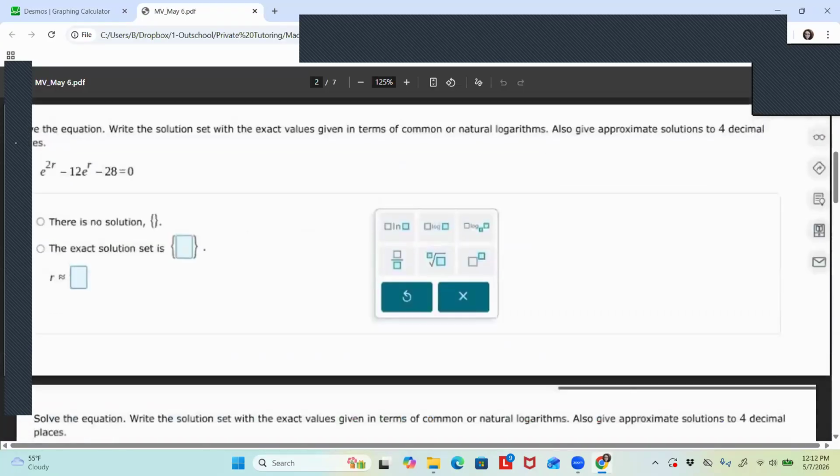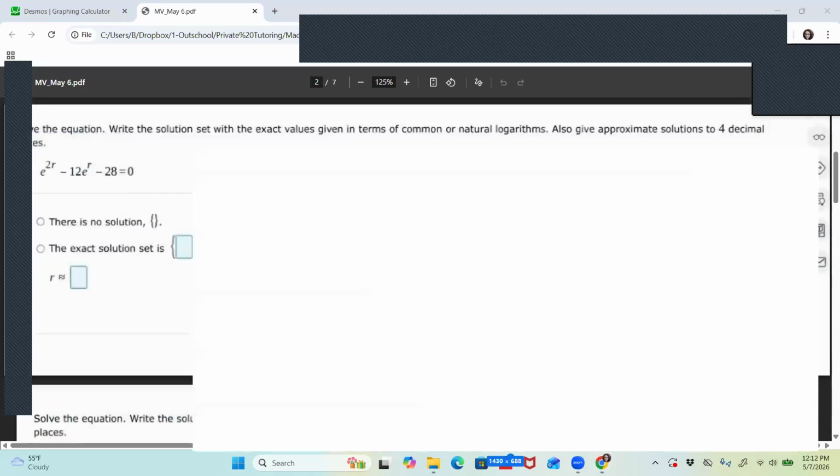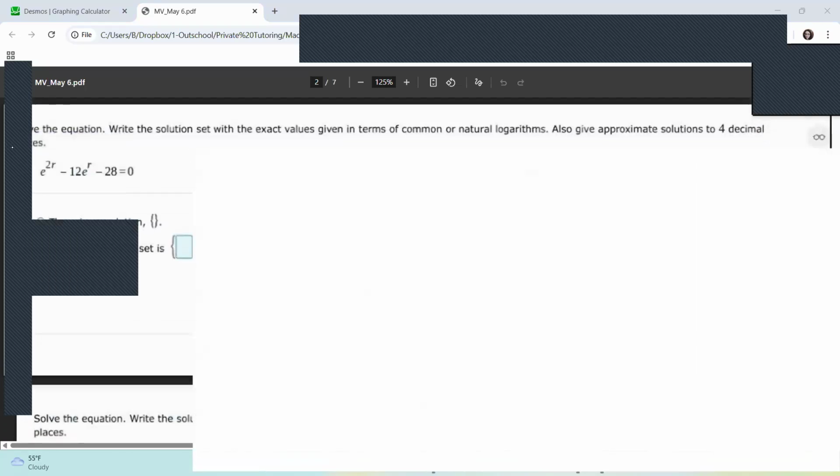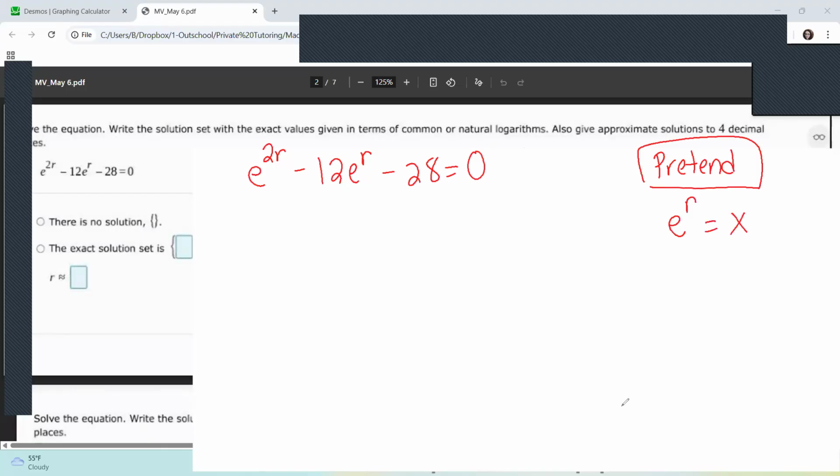Solve. Okay. Let me get some paper. Number 2, or I'm sorry, I don't know what number this is, but it's the second one I'll be doing. e to the 2r minus 12e to the r minus 28 equals 0. Okay, we are going to make a substitution. Pretend that e to the r is x.